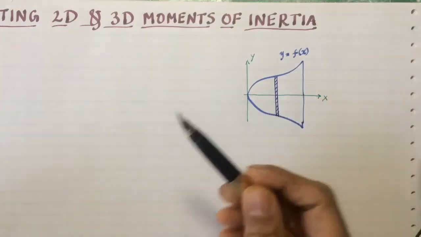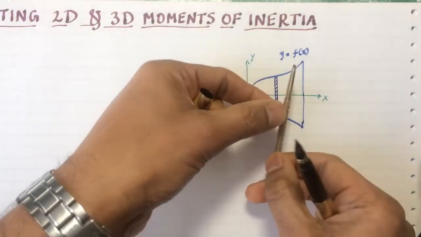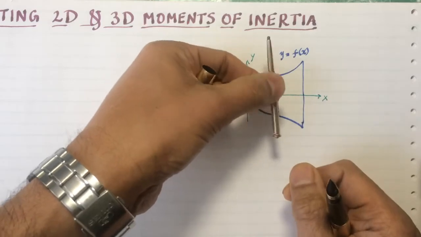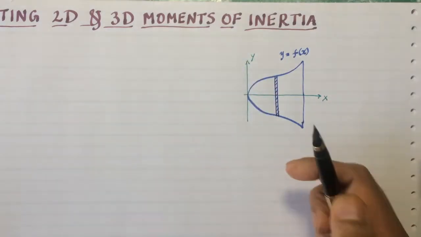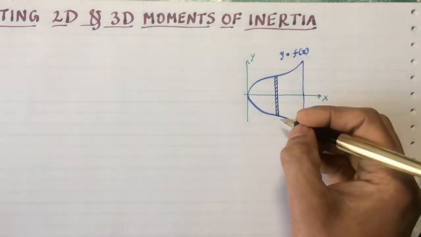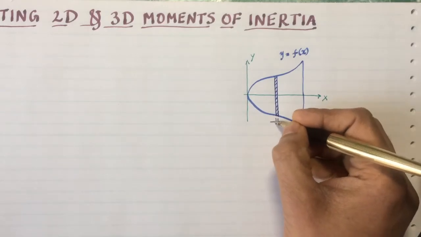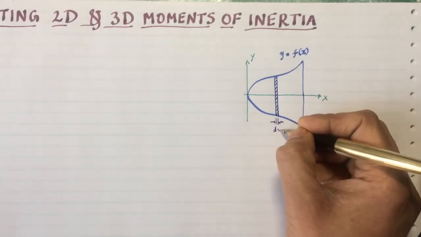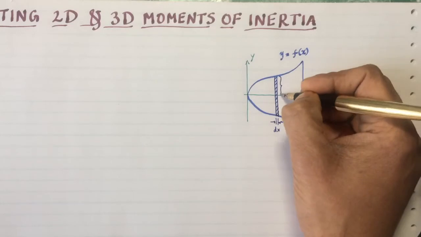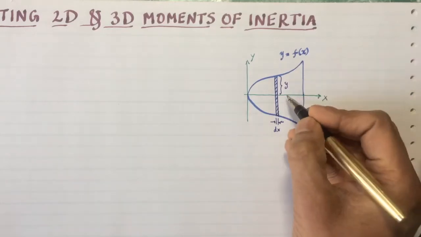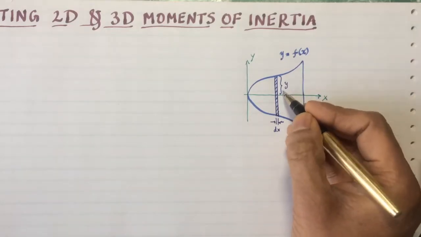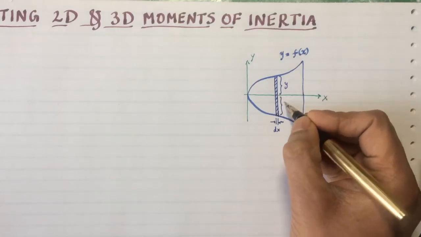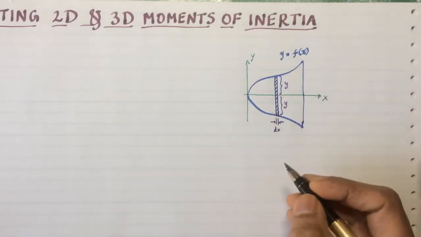You can see this little element would behave like a rod, pivoted about its middle. So this is called a rod element. This is dx. That would be y. So it's y upstairs and y downstairs. So it's going to be 2 times y.